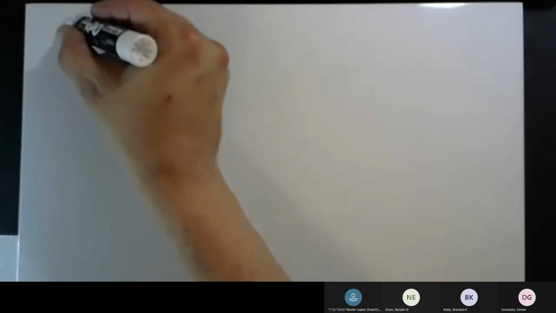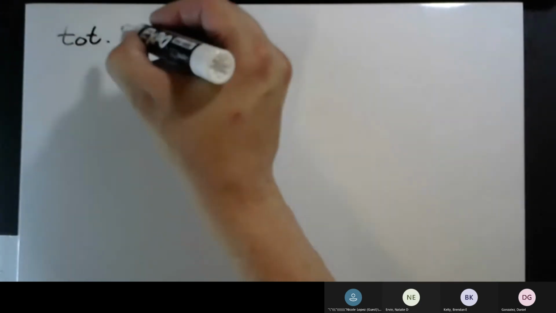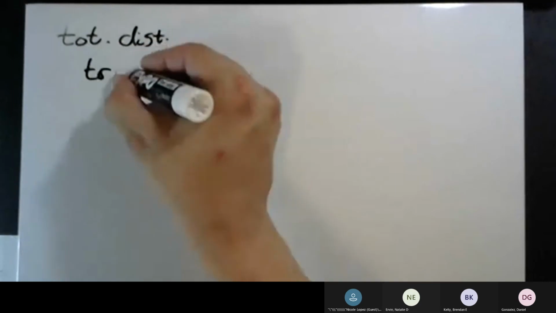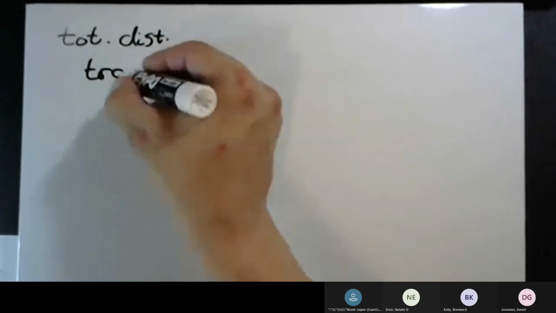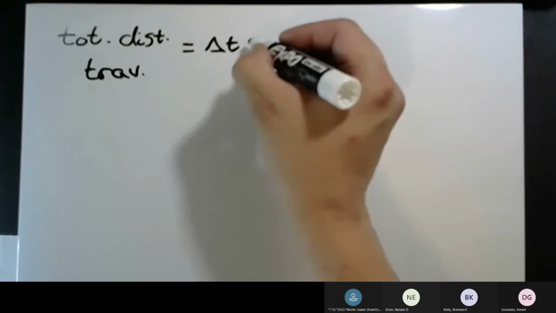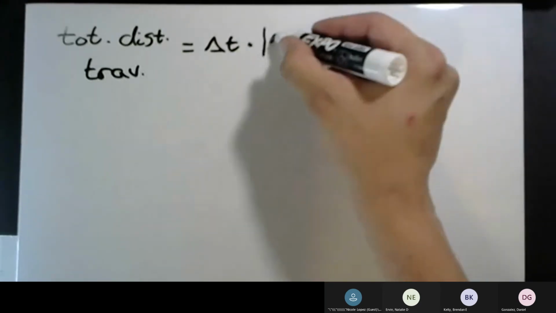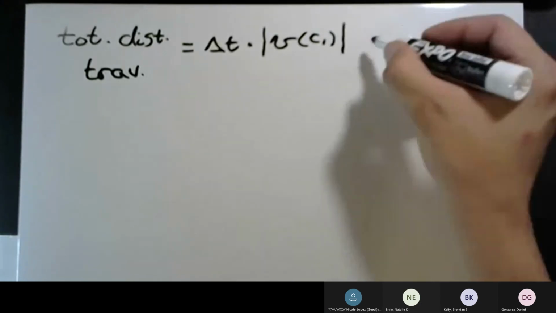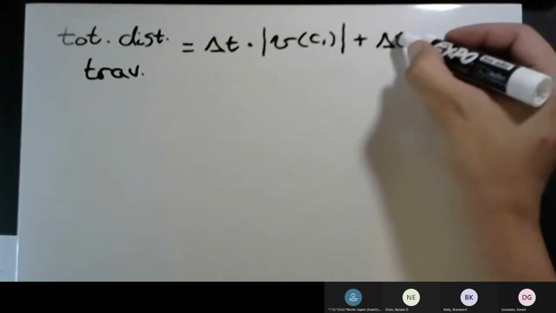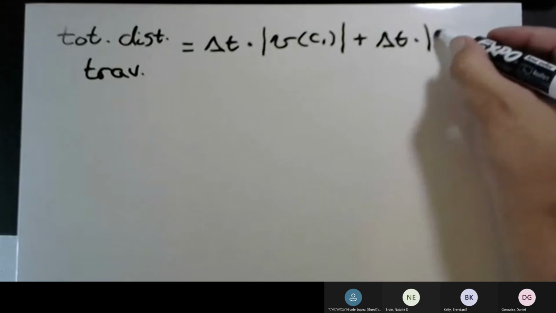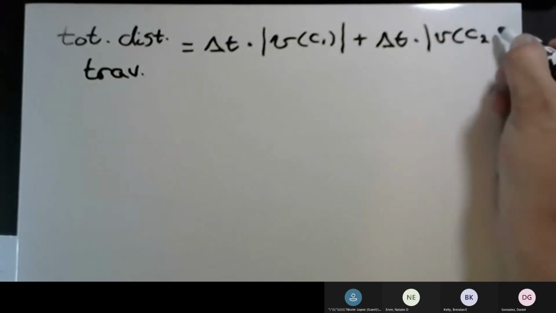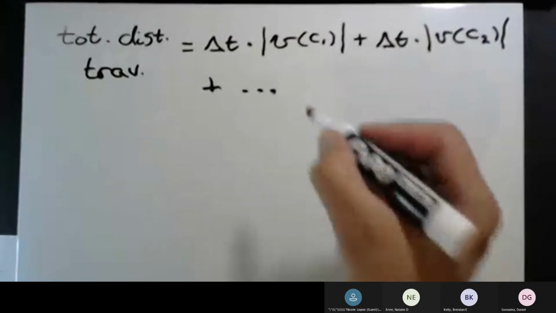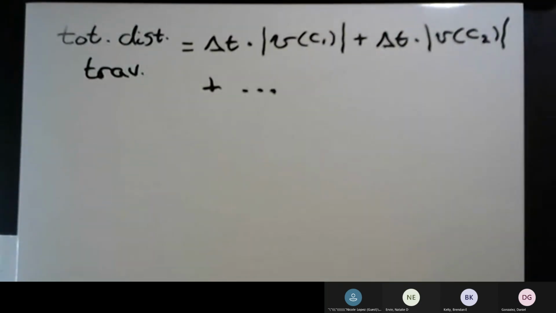So in general, the total distance traveled will be delta t times the absolute value of the velocity at c1, plus delta t times the absolute value of the velocity, say at c2, plus, and this means we keep going, just keep adding on these terms.